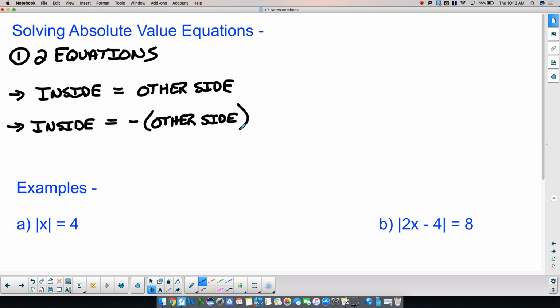So that's the first step: you're just making the two equations. Second step, now you're going to solve both of them. And because we're solving equations in math, what should we always do at the end of solving equations?